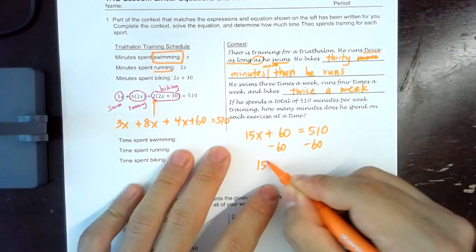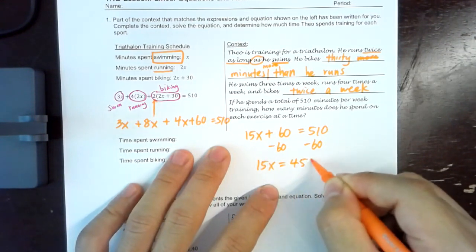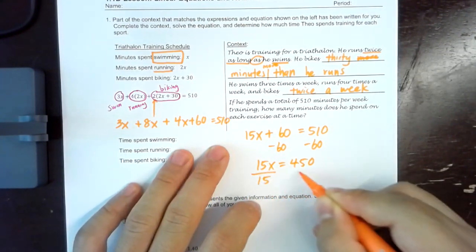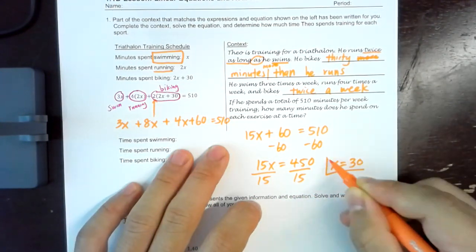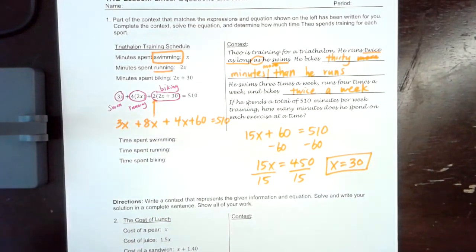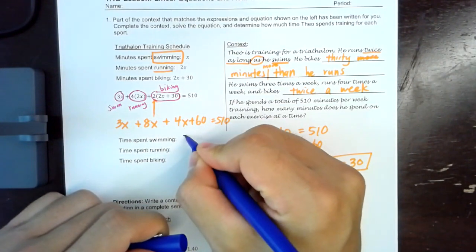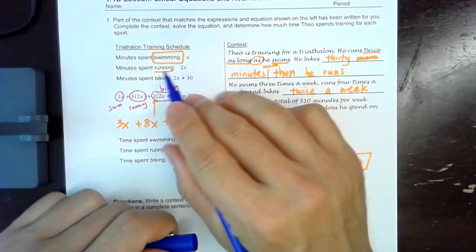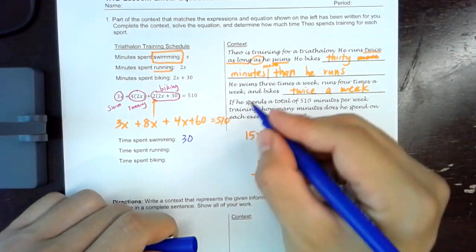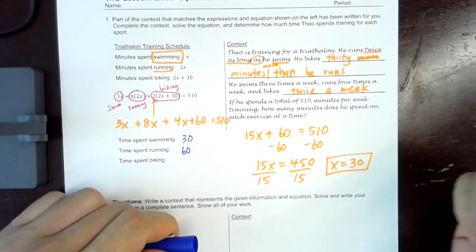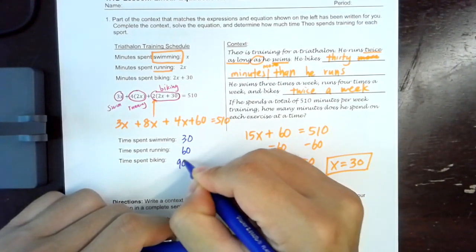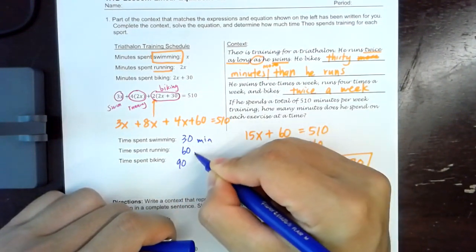This should be pretty easy for you, and you'll see that the numbers actually work very, very well. This ends up being x equals 30. So each session of swimming is 30 minutes, right? And then that means the minutes spent running is going to be double that, which is 60. And then the minutes spent biking is going to be 90. And these are all in minutes. So let's go ahead and write that.